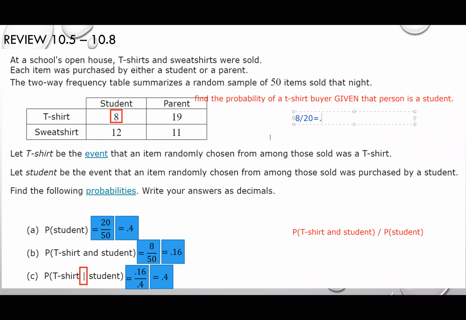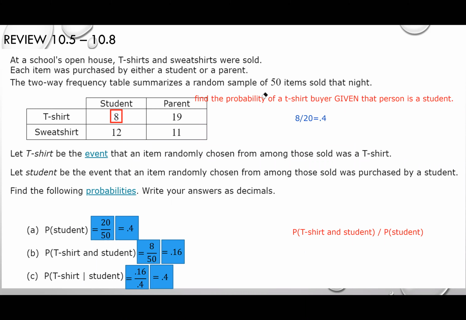Regardless of what you do, the reason why I show you this way is that the purpose of this problem is they tell you to take part B and divide by part A. That's what conditional probability is: the intersection of the two divided by the individual item. Again, 8, which is the intersection, divided by the total of the given item.